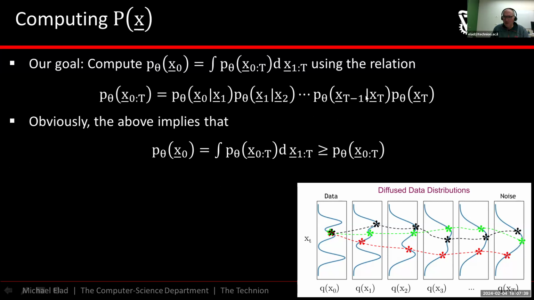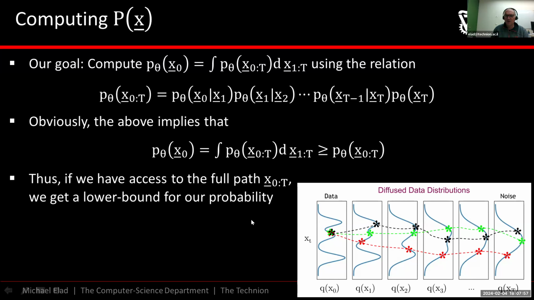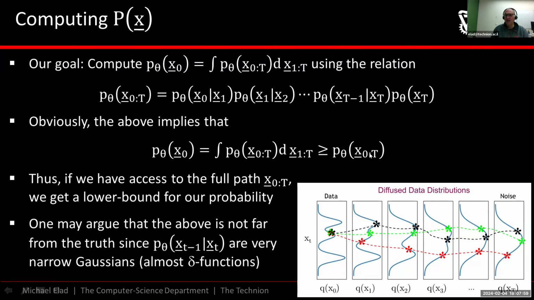Because I remind you that all those probabilities, from xt to xt minus 1, from xt minus 1 to xt minus 2, from x2 to x1, all of them are Gaussians, and they are needle-like. They are almost delta functions. So there are not many paths that will land on x0. And so if you assume that they are delta functions, you might as well just take this probability and use it as a bound. This is totally heuristic, and yet this is exactly what is proposed in the literature.